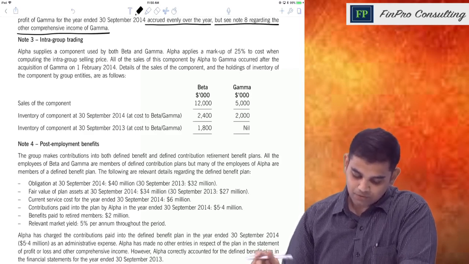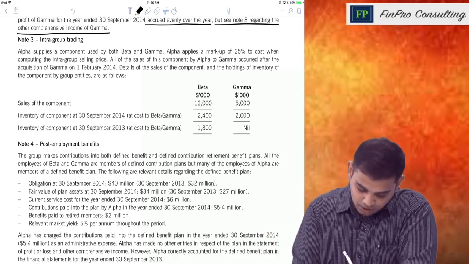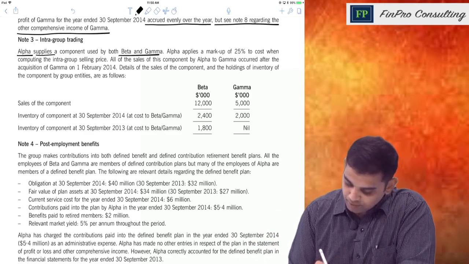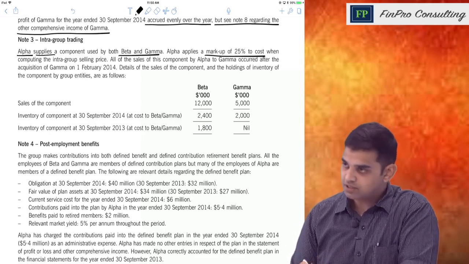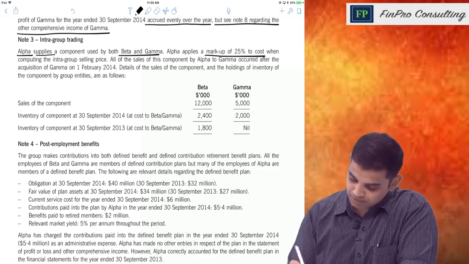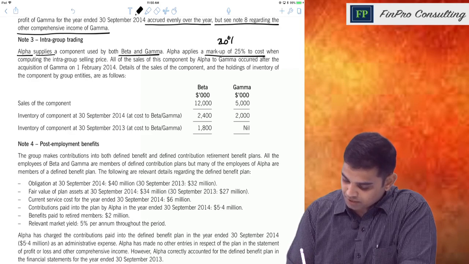Now again, Alpha is supplying to Beta and Gamma, so there is a downstream transaction. So Alpha supplying it to Beta and Gamma, they apply a markup of 25% to cost. That means 1/5 of selling price. 25% markup, that means 20% of selling price. That is 1/5.